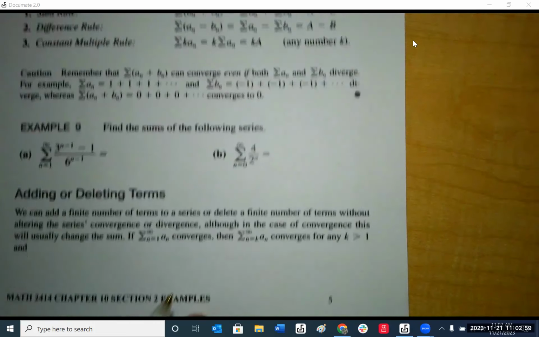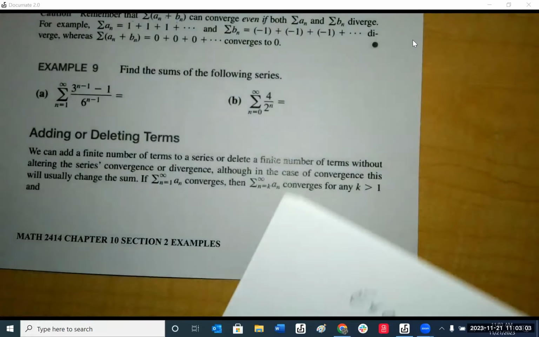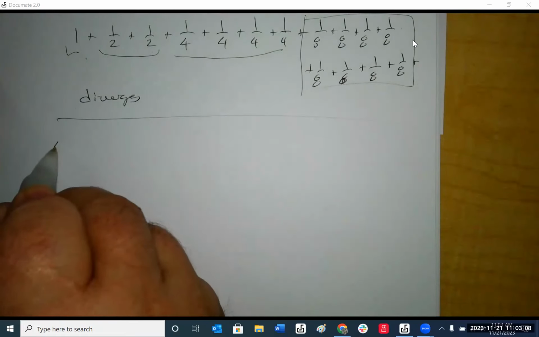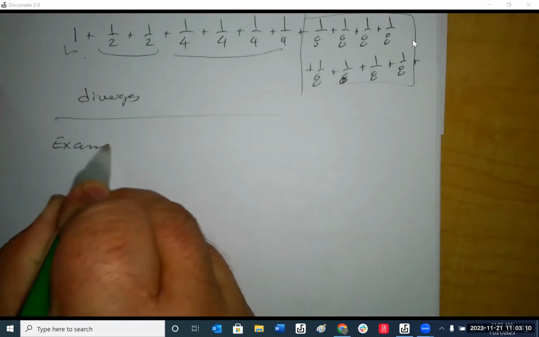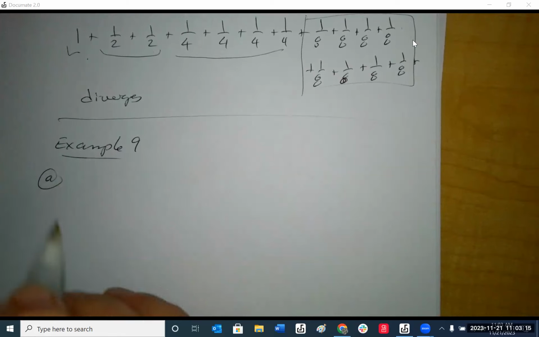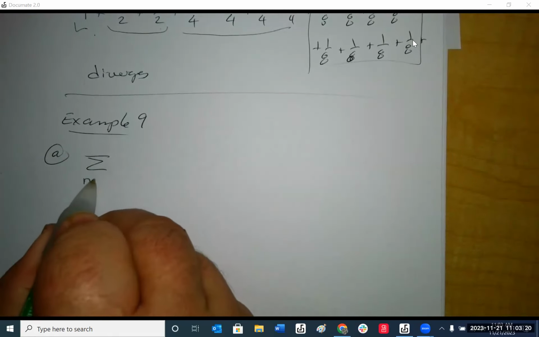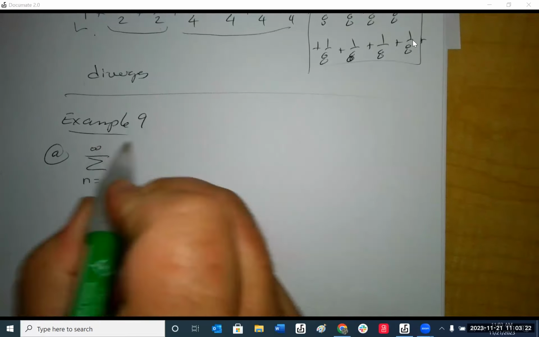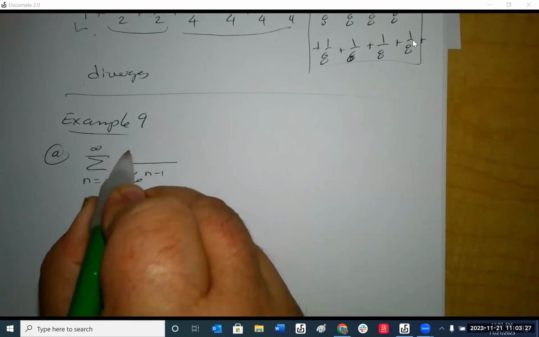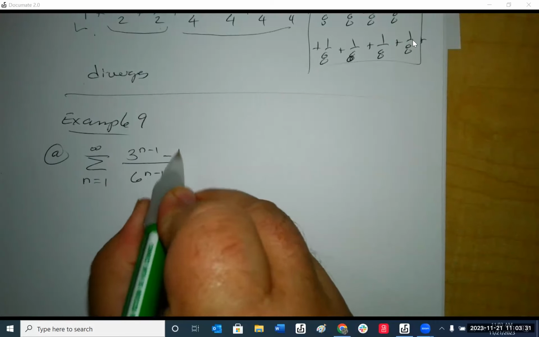All right, so let's look at example 9. Find the sum of the following series. A. Summation as n goes from 1 to infinity of (6 to the n minus 1, over 3 to the n minus 1) minus 1.